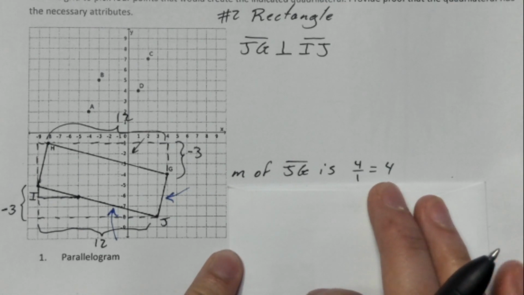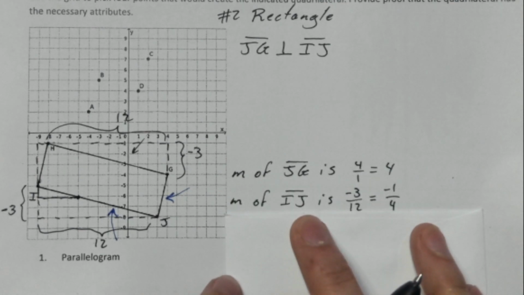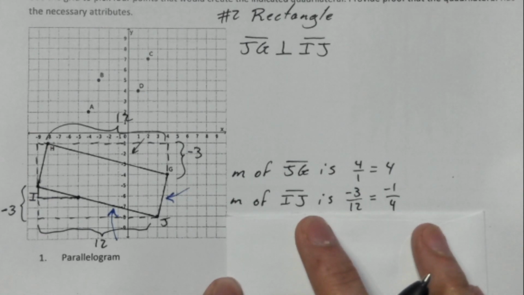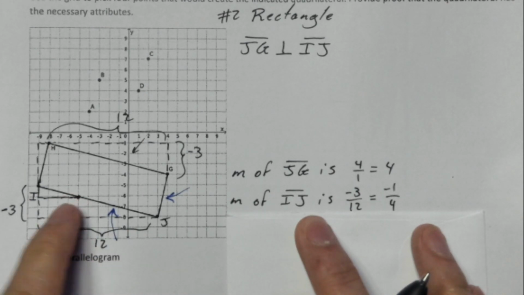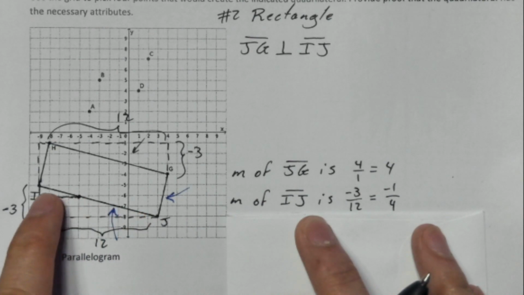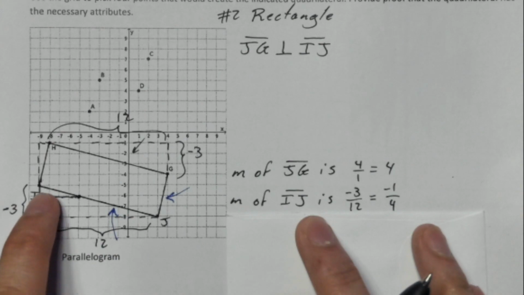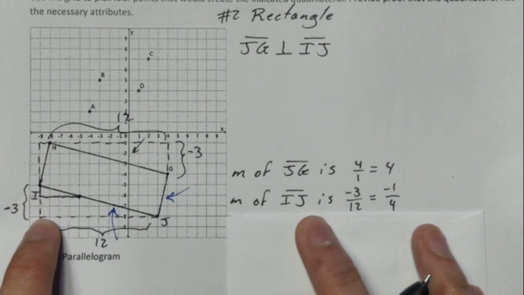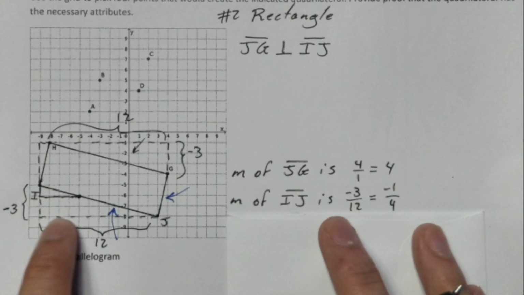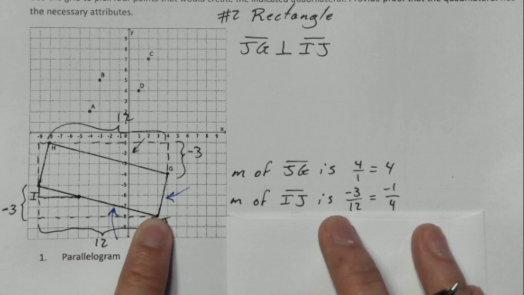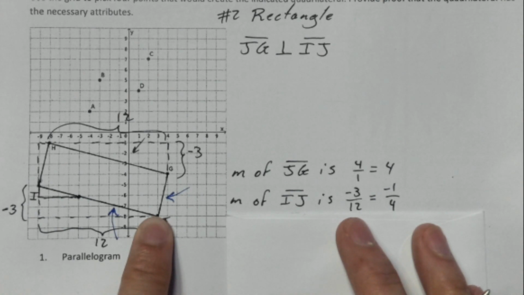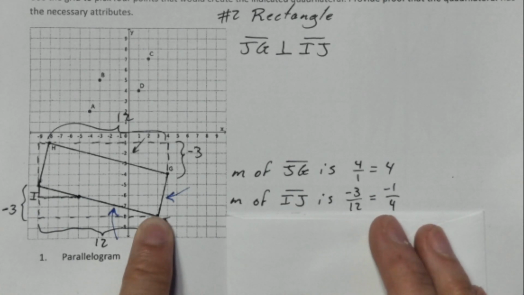That's the slope of JG. The next thing is the slope of IJ, this side over here. From this point I go down 3, so that's why it's negative, and then I go over 12, which is positive because it goes to the right, and I get a slope of negative 3 over 12, which simplifies to negative 1/4.